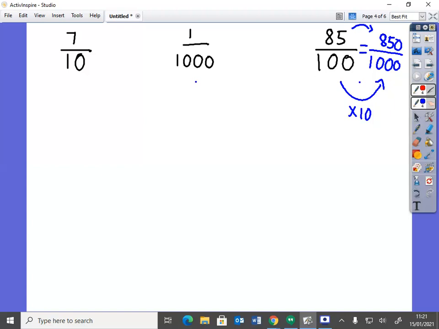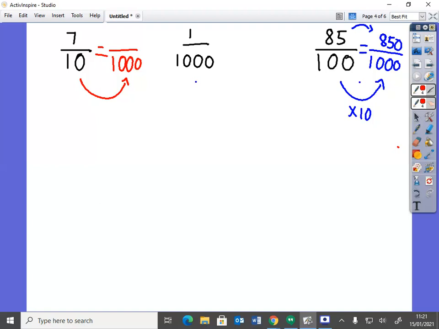So let's find out where 7/10 is going to go in our process. So again, I want to convert it so it is a fraction over 1,000. That's going to make it so I can compare them and put them in order. What have I done from 10 to get to 1,000?